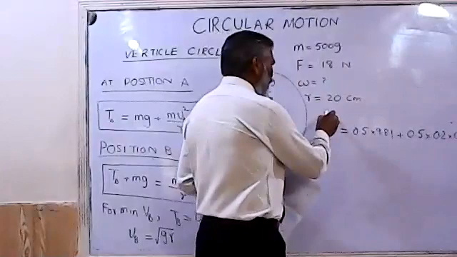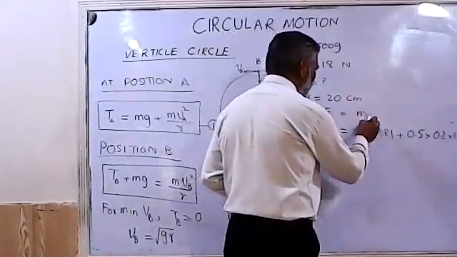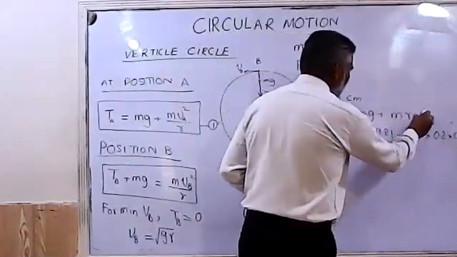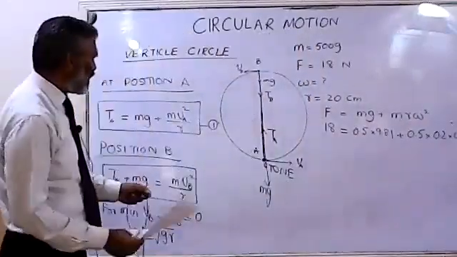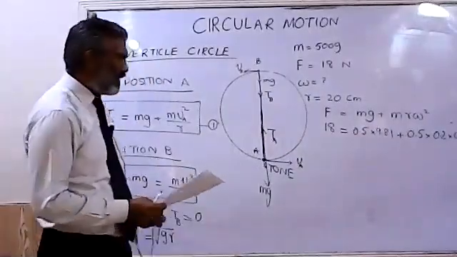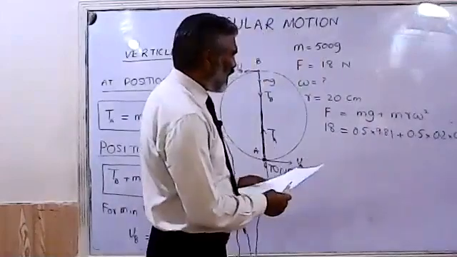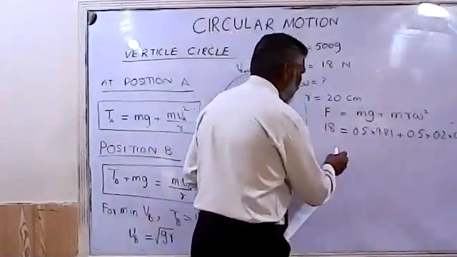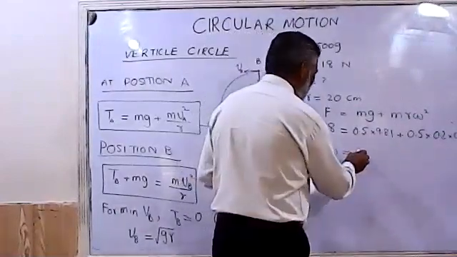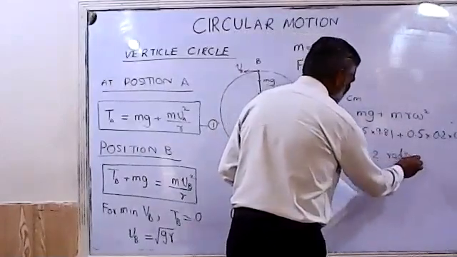I have written this equation in the form F is equal to mg plus m r omega square, which is a modified form of mv square over r. So when I use these values here, it is easy to work out omega equals 13.2 radian per second.